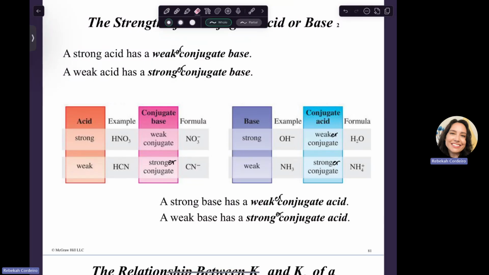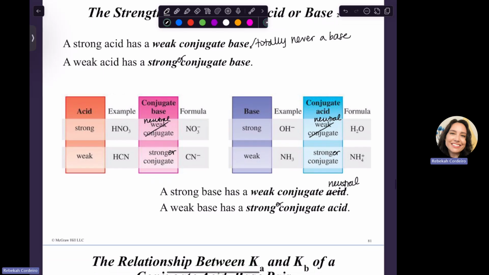It's like non-existent, totally neutral. It's not even weaker or stronger. It's never a base. You can't really even call it an acid. It's neutral. It doesn't ever get to act as an acid or a base. It never gets to go in reverse.